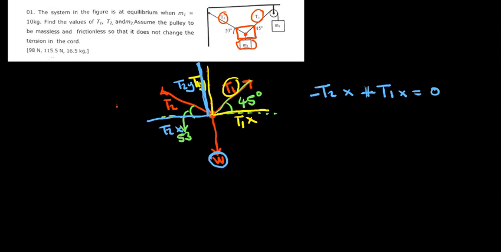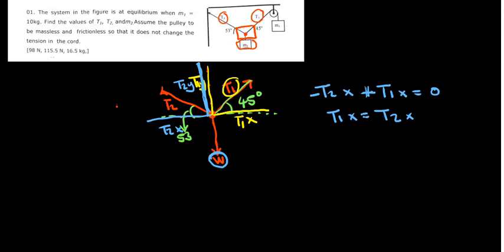So what do I mean? This one can go to the other side, just to get rid of the negative. So here we are going to remain with t1x is equal to t2x. So t1x is equal to t2x. Okay, that is in terms of x component.